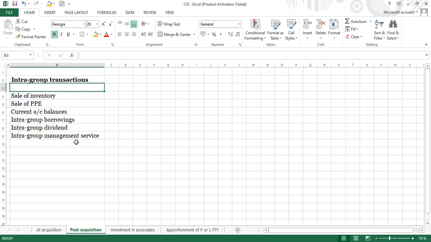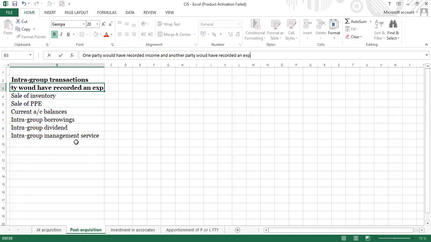So recall, first thing, one party would have recorded income and another party would have recorded an expense. Your message is simple, your work is simple.